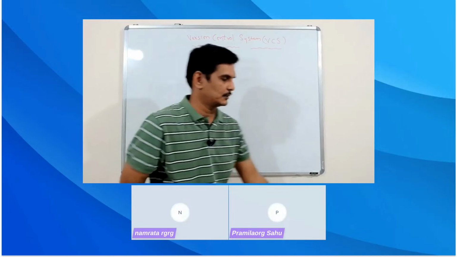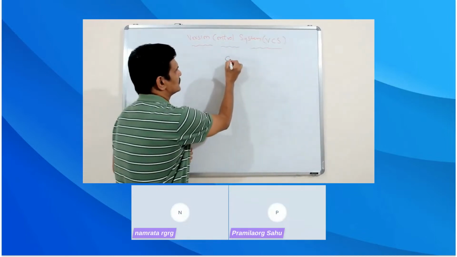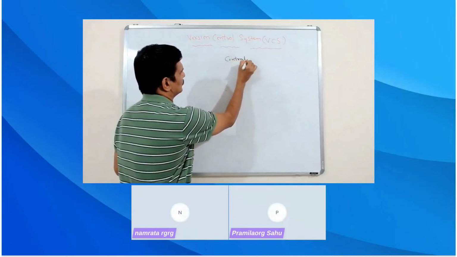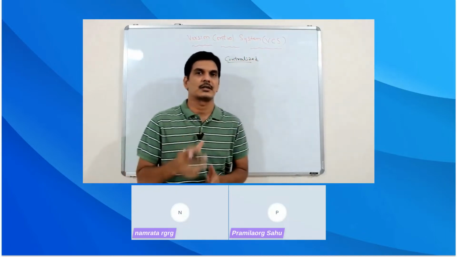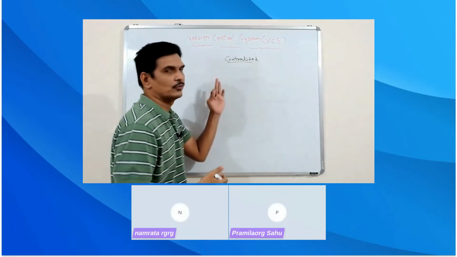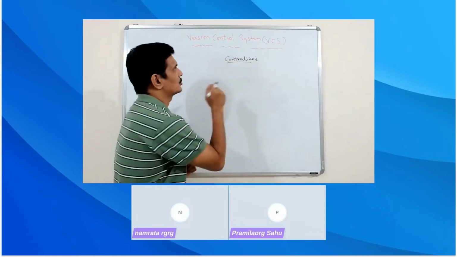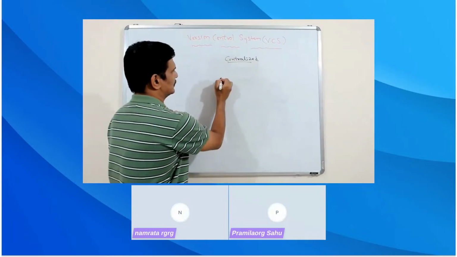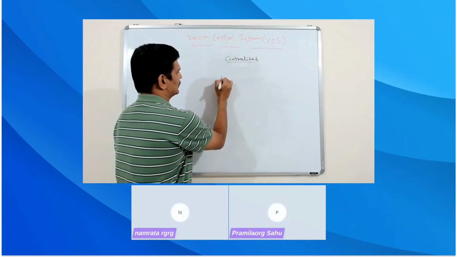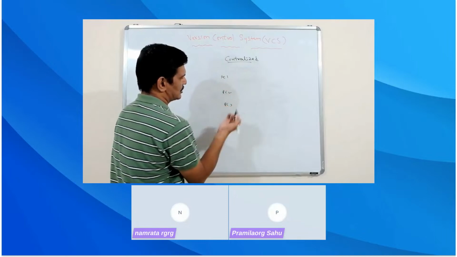The first one is the centralized version control system. The centralized version control system is an old process. Basically, we have multiple developers or clients. Let's say this is PC1, PC2, PC3 and so on.